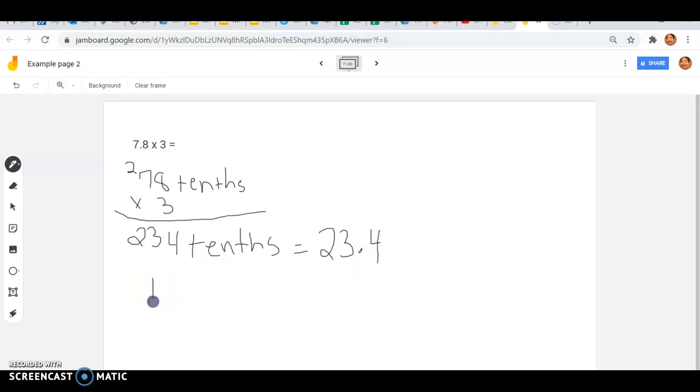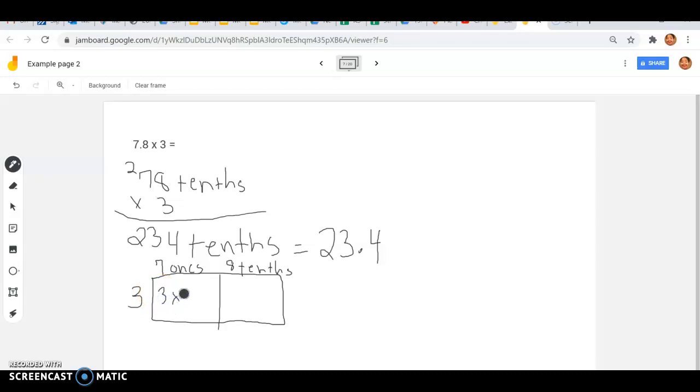So to check with our area model, of course, we're going to first draw our area model. So we're going to draw a quick tape diagram. We're going to cut it up into 2 because we have 2 numbers here. We're going to drop our 3 on the side. So we have 7 ones. And we have 8 tenths. We're then going to multiply each number by 3.